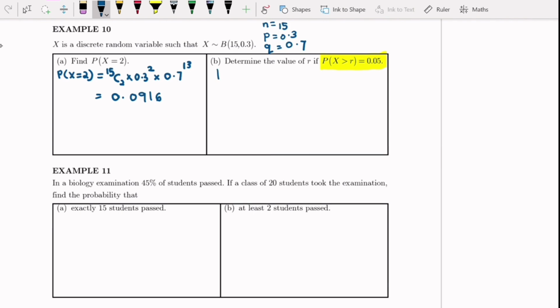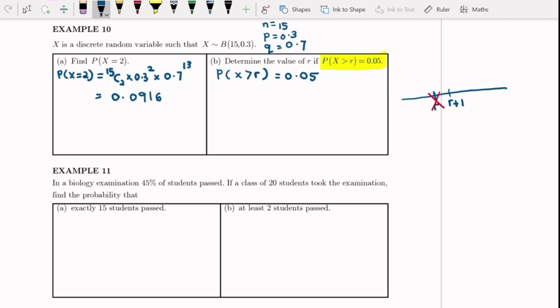We have from this question, probability X greater than r is equal to 0.05. If P(X greater than r), that means r is not included. So, we will start with the number after r, which is r plus 1.